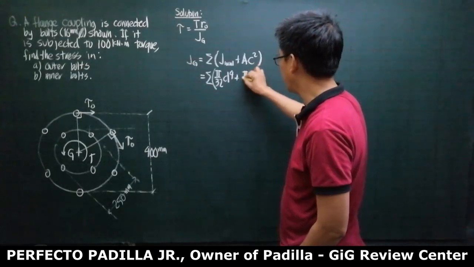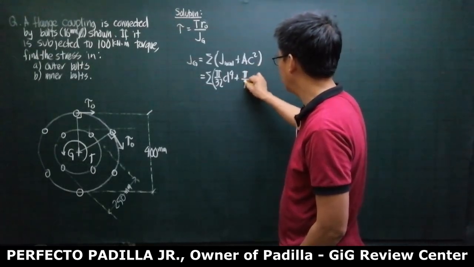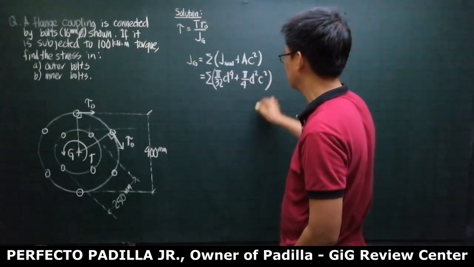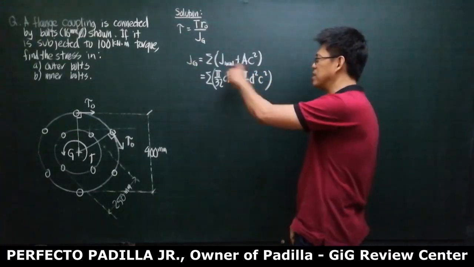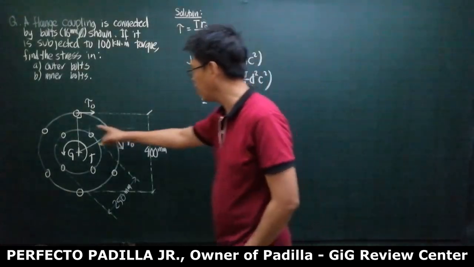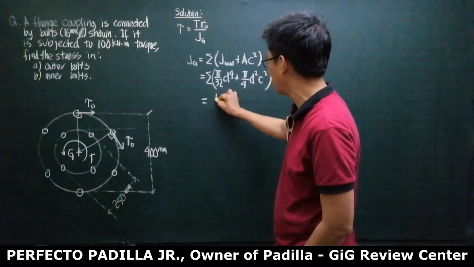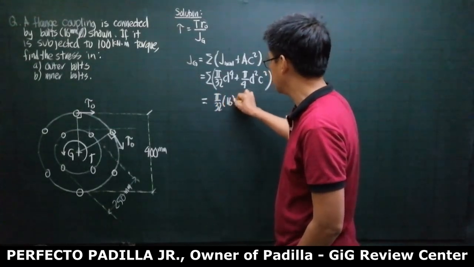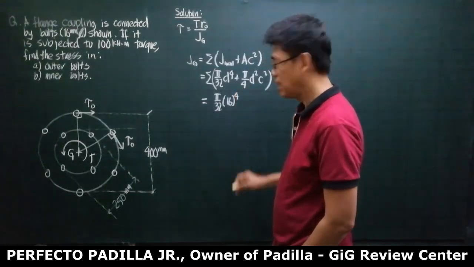Area of bolt is pi over 4 times this diameter squared times distance squared. You get it? But don't memorize this. It's just this one. So, beginning with this outer bolt, its J is pi over 32. The diameter is 16, so this is to the fourth.